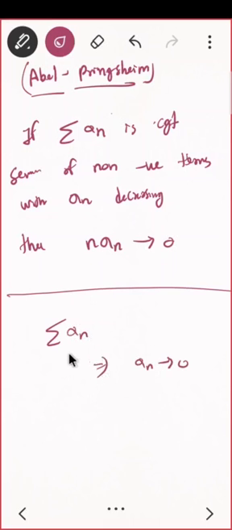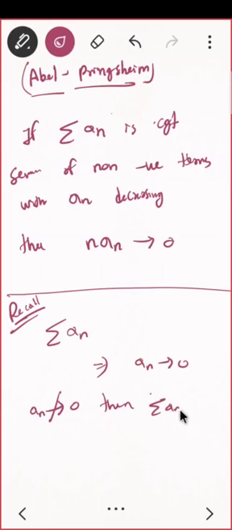And we used its contrapositive: if en does not go to 0, then summation of en is not convergent, it is divergent. I think in the third lecture I wrote en in terms of Sn plus 1 minus Sn, and if Sn converges then Sn plus 1 converges to the same limit because they are subsequences of each other. So en converges to 0, that's it.